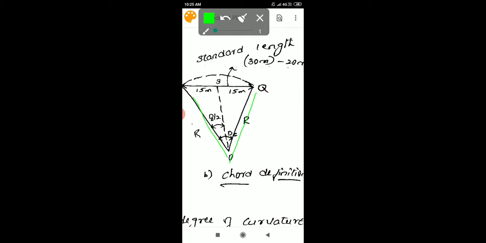So in total from here to here it is DC. It is subtended at the middle, so it is DC by 2 here and also DC by 2 here. Okay, that is the chord definition. By using the chord, we will solve the chord definition. So please, while solving the chord definition, refer to this diagram.